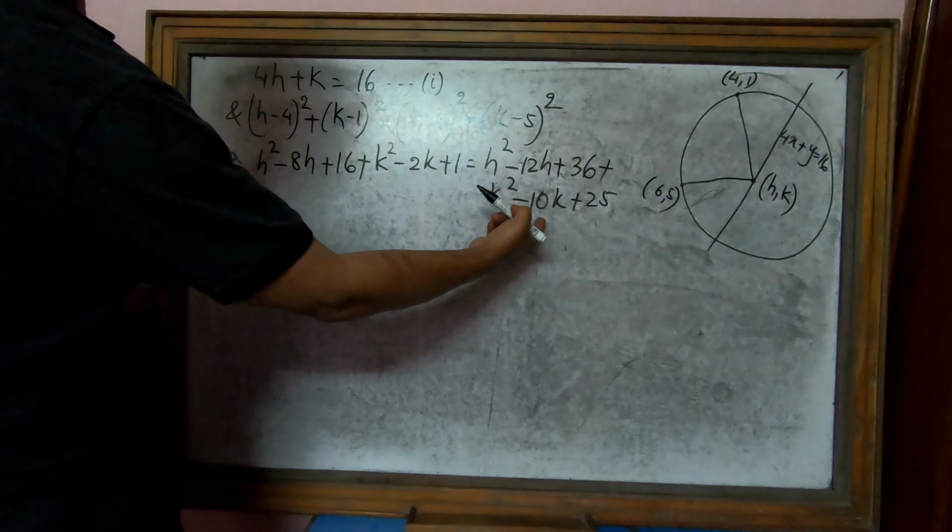If you take 4 common, let's not take 4 common because we have 4s here, 4s here. These two equations will be easy to solve. So let it be equation number 2.